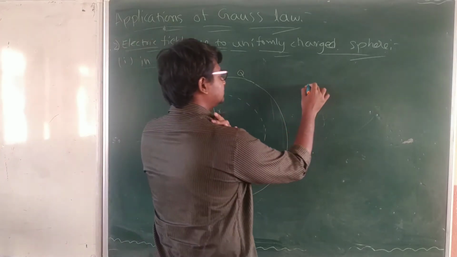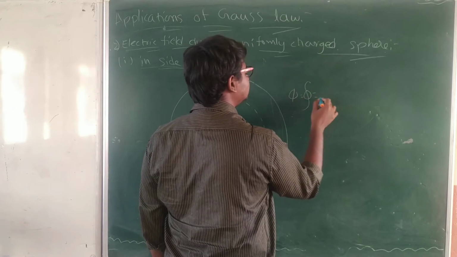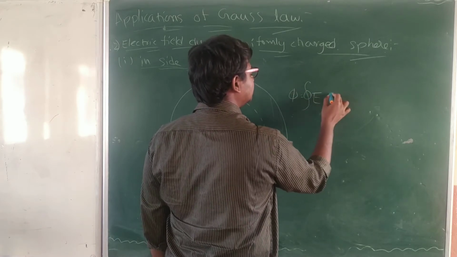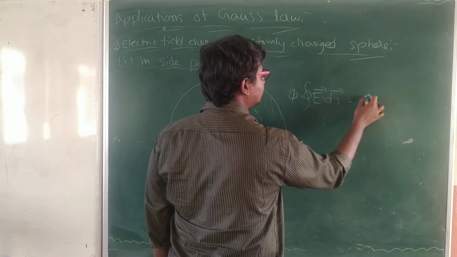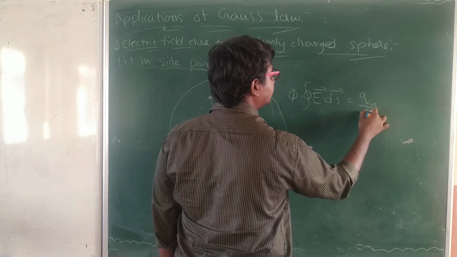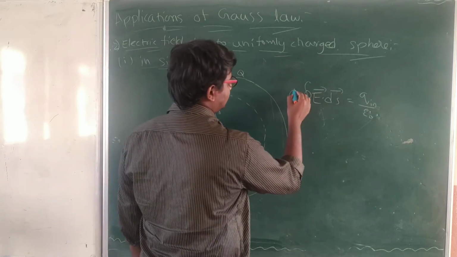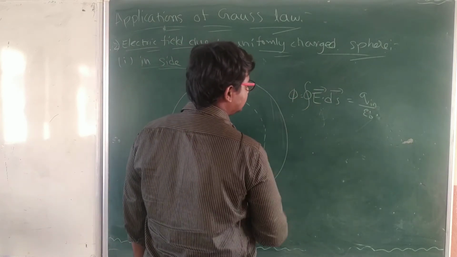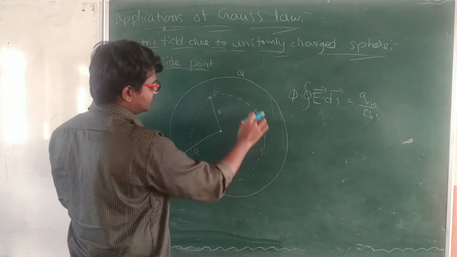Let's consider the general Gauss formula. Phi is equal to integral E bar dot ds bar, which equals Q inside by epsilon naught. From this equation, we need to consider the flux lines going out from this surface.